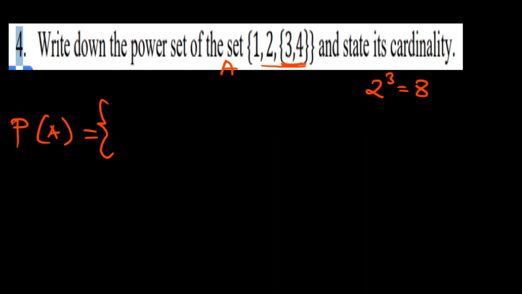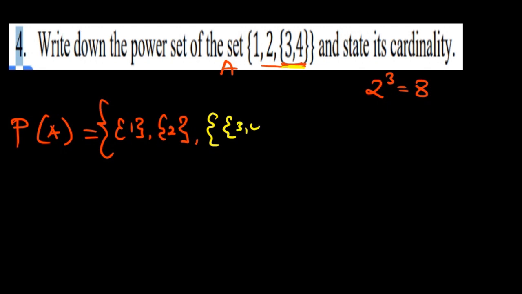Okay, so now let's list the subsets. So the first one will be the 1 alone. Okay, the second one will be the 2 alone. The third one will be this set alone, because it's an element there. Okay, I'm going to write it like this.